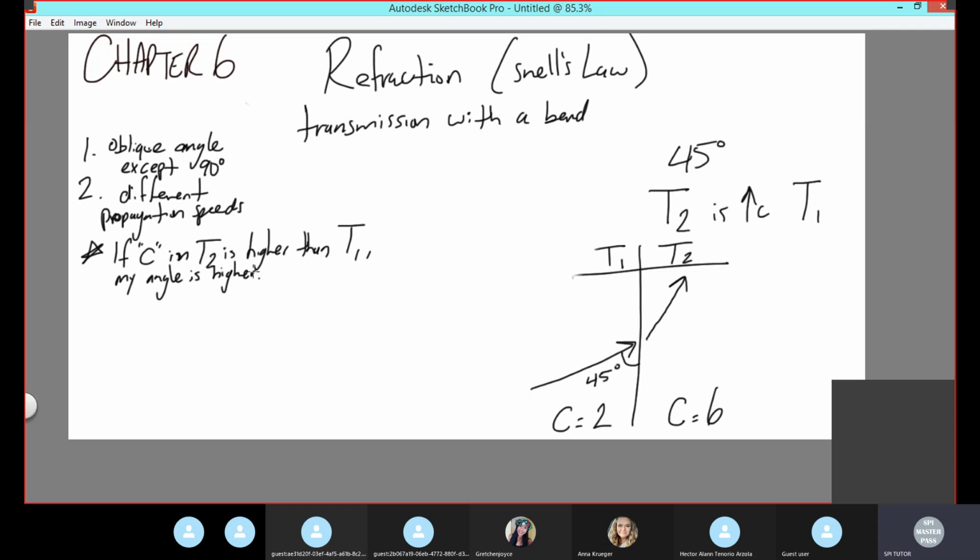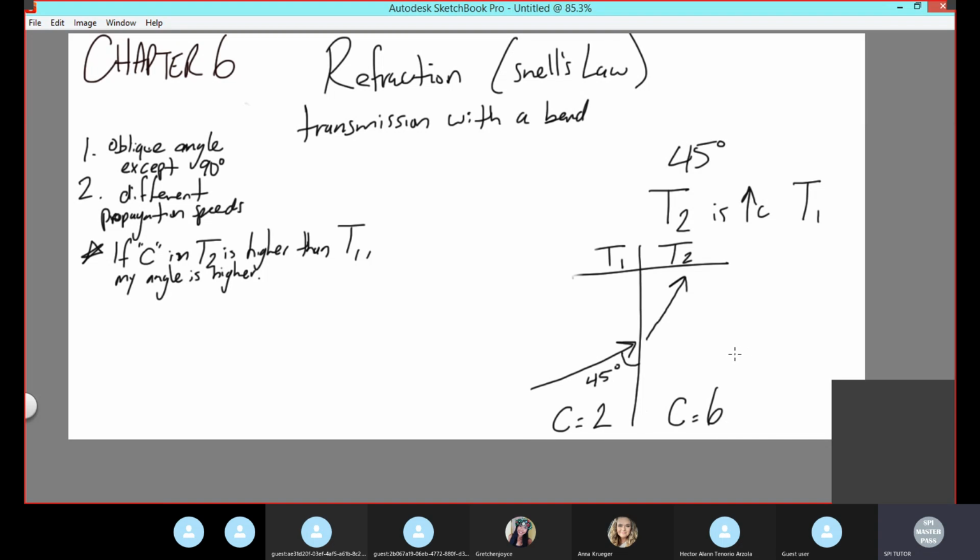Now here's how I make my second rule. Tissue 2 being higher than tissue 1 is the same thing as tissue 1 being lower than tissue 2. And it gets really wordy, so bear with me, okay? Look at this down here, bottom right. Tissue 2 is higher than tissue 1. All right, we can see that. 6 is higher than 2.